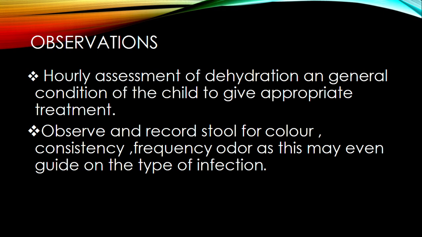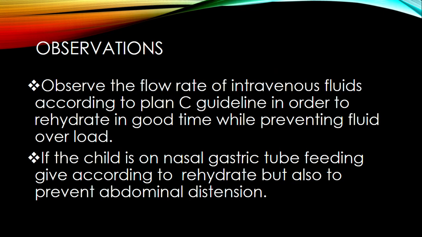So in case this child is having diarrhea and we notice that there's blood in the stools, which can only be done through observing the stool, we are able to tell that this child has got dysentery. So by observing the stool for color, consistency, and frequency, it can guide us on the type of infection that this child is having.